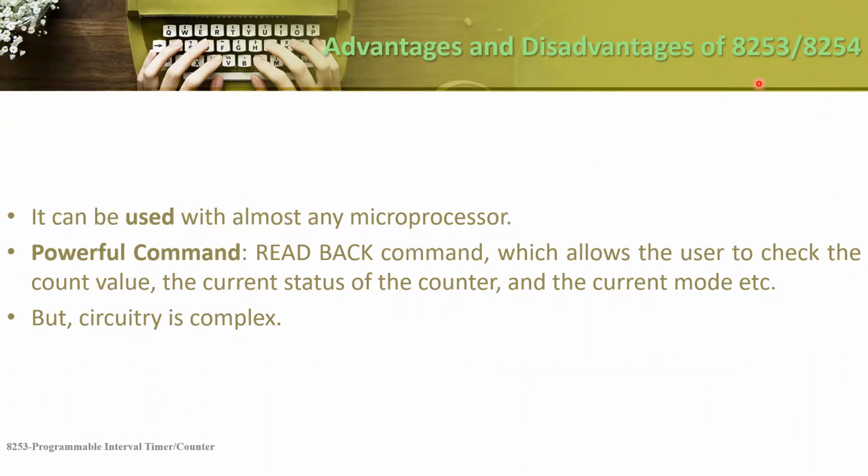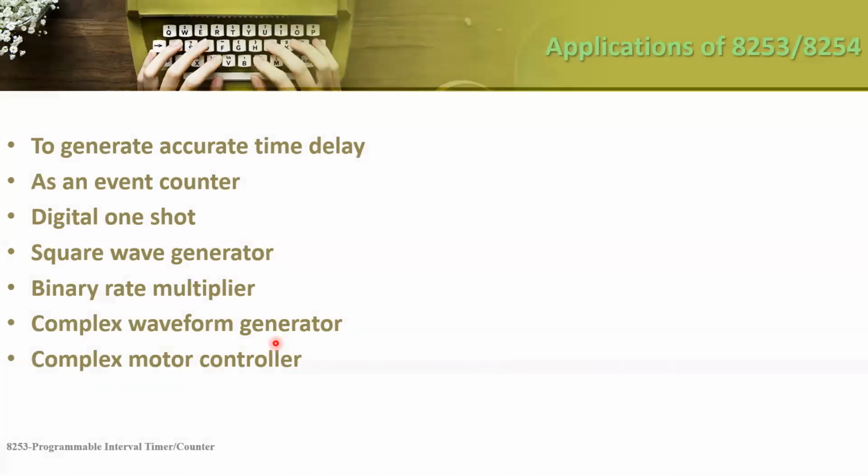But the disadvantage is that as it is an interfacing device, it makes the circuitry complex. These are the various applications of the 8253: it can be used to generate square waves and other waveforms, and it can be used in complex motor controllers.